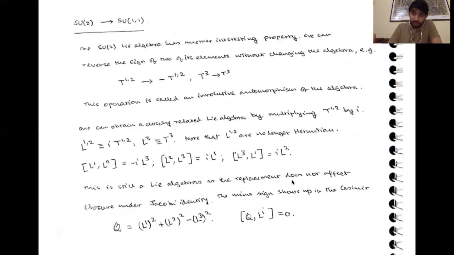But a significant thing occurs here when we are looking at finding out what the quadratic Casimir is for this algebra. This extra sign is going to show up somewhere here. So unlike SU2, this changed Lie algebra is not bounded from below anymore.